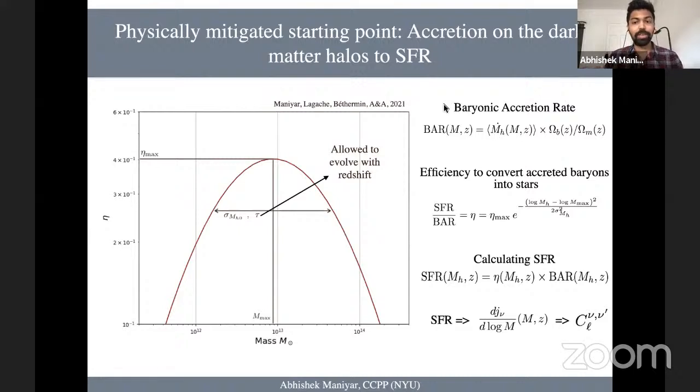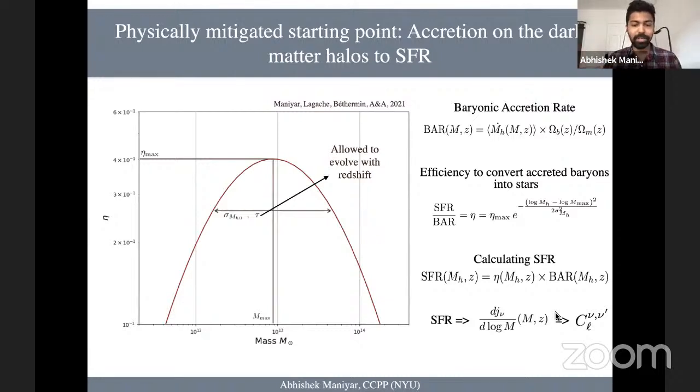We assume that some of this baryonic matter gets converted into stars with some efficiency. Once we have that efficiency, we can convert it to the star formation rate corresponding to a given halo mass at a given redshift. And once you have that star formation rate, you can convert that into the potential CIB power spectra. So this is our basic simple model.